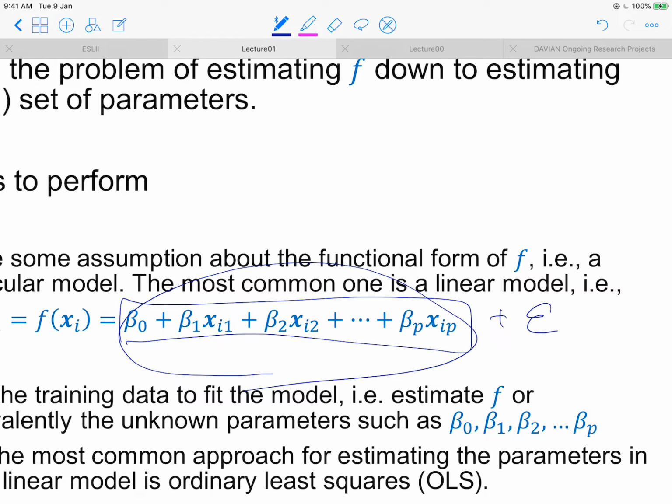So this part can be viewed as deterministic. Even though we do not know beta 0 through beta p, where p is the number of variables, features, or dimensions, we view them as constants but unknown, which we want to find out.